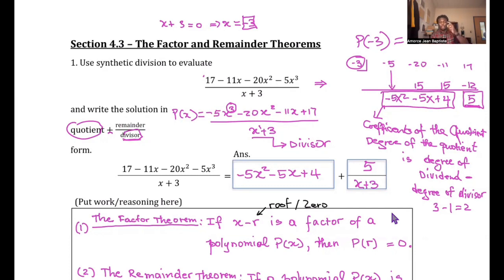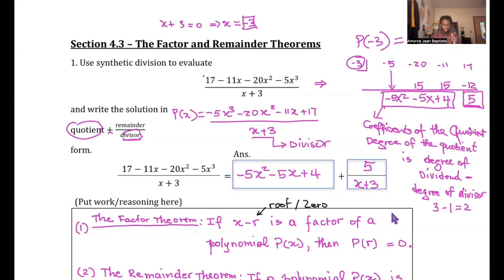First, you rearrange the terms of the dividend. Next, you set it up with the bar and the box. Inside the box is the value that makes the denominator equal 0. In this case, it's negative 3, because you set x plus 3 equals 0, and when you solve it, x equals negative 3.